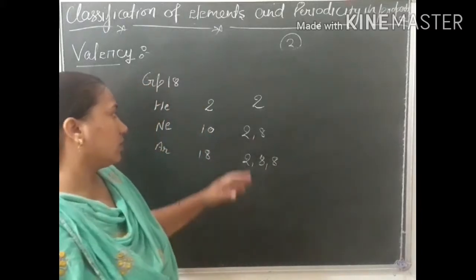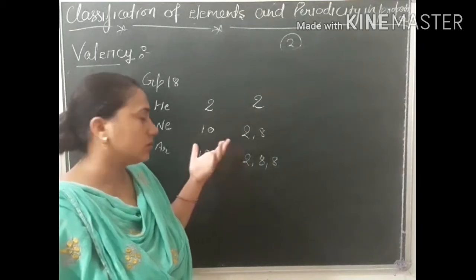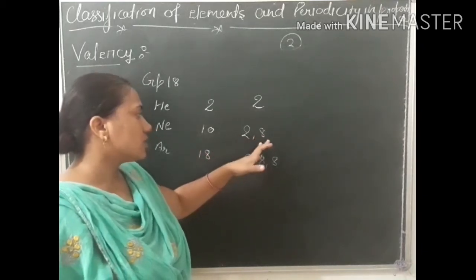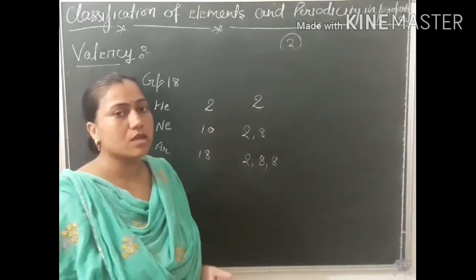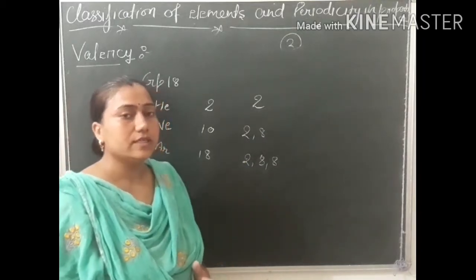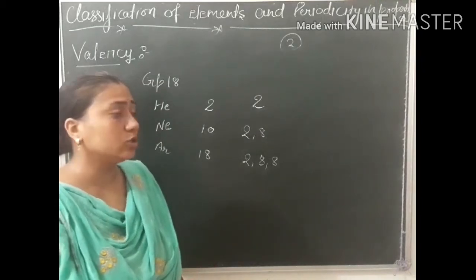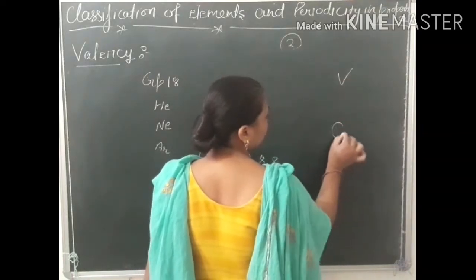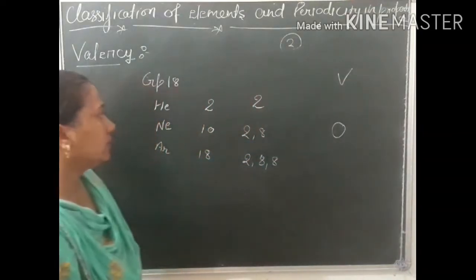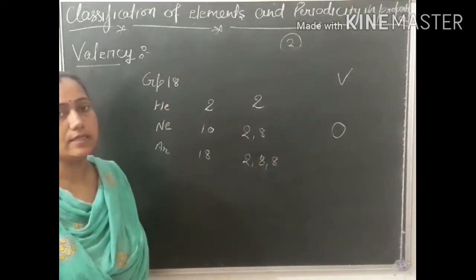Now except helium, all the noble gases have 8 electrons in their outermost shell. They are most stable, they do not react easily, and they cannot lose or gain electrons, so their valency is 0. In group 18 all elements have valency 0.